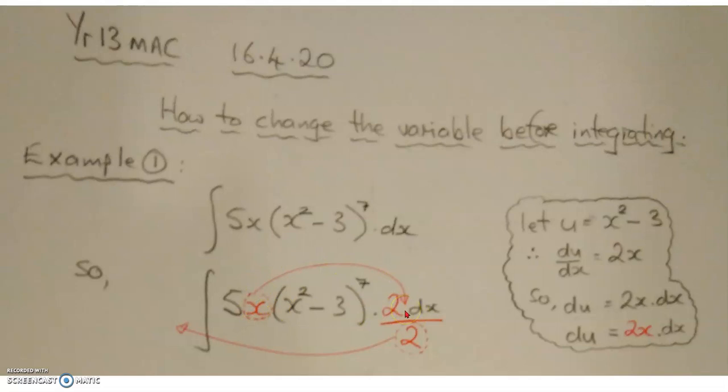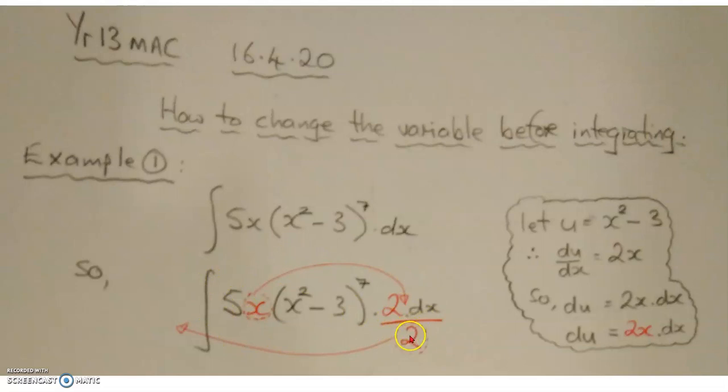And I'm going to move it down there. Of course, I'm going to do what you already know, that when I multiply the dx by 2, which I need to do because it's 2x dx, I've got to divide by 2 at the same time to keep the whole thing the same value.